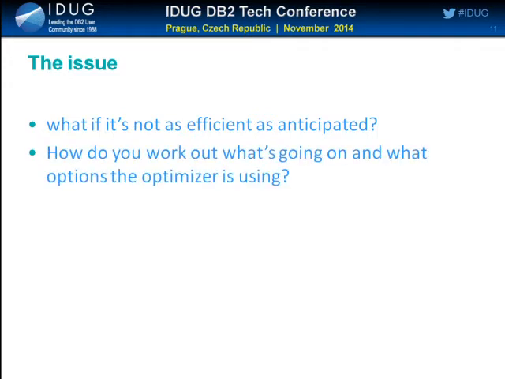How do you find out what's going on and what the optimizer has chosen to do? How do you decode the access path? What metrics can you use to try and run that down?